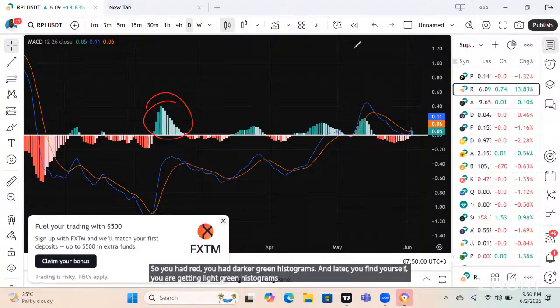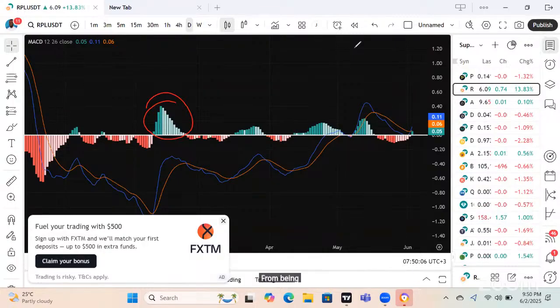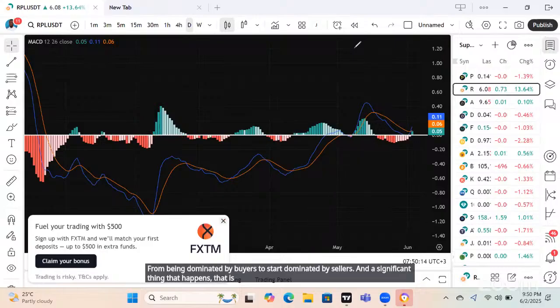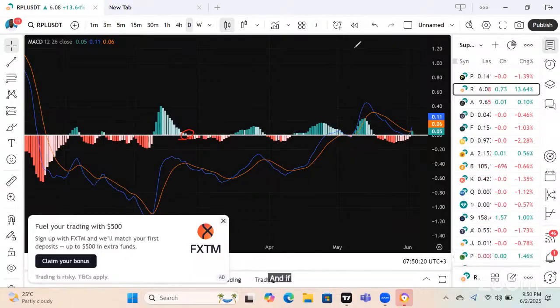It is a sign that the market is very soon about to move away from being dominated by buyers to start dominated by sellers. And a significant thing that happens, ladies and gentlemen, is that immediately where the green histogram stops, and if a red histogram happens, you'll get the crossover.